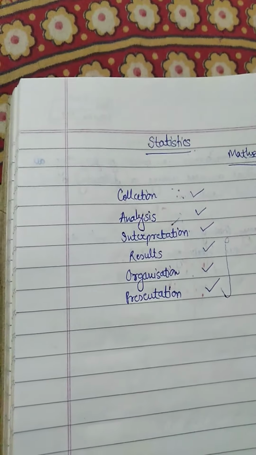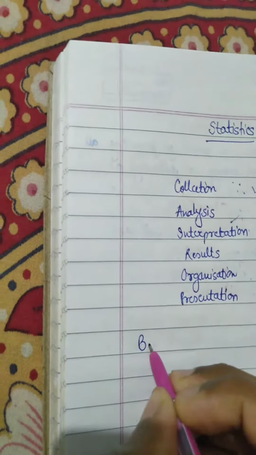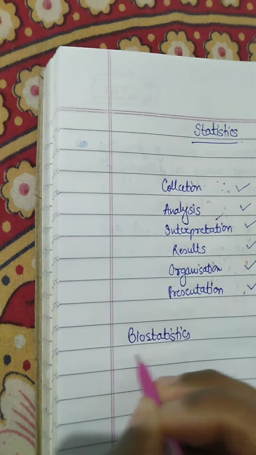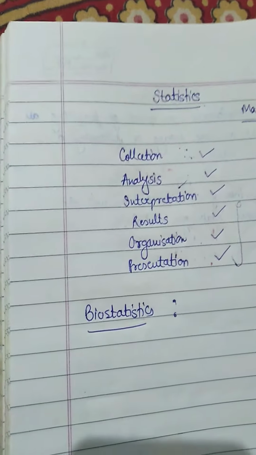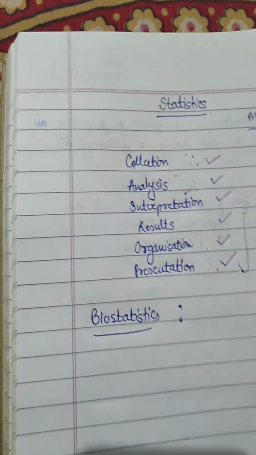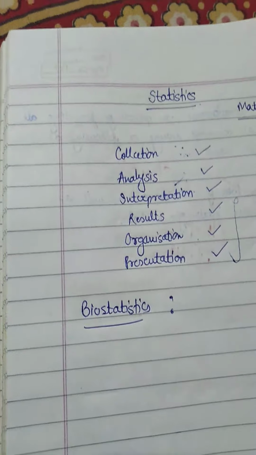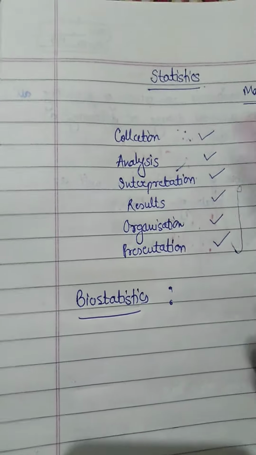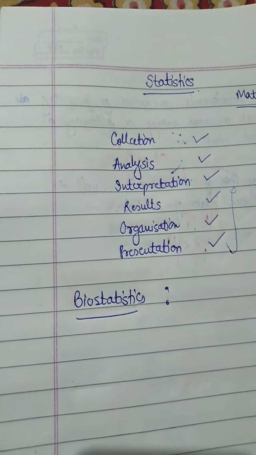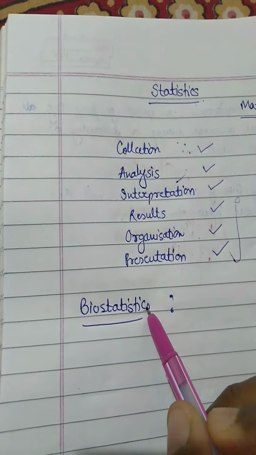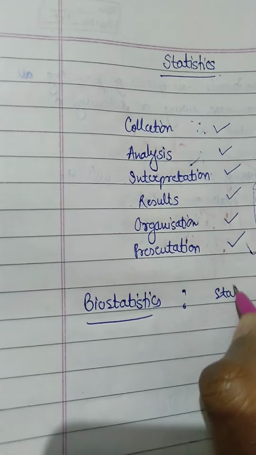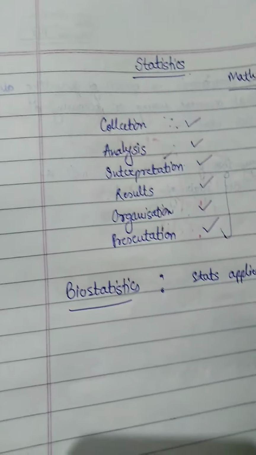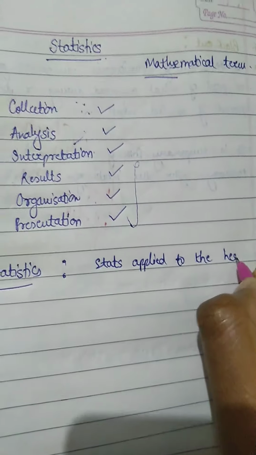The next term we are going to discuss is biostatistics. So what is biostatistics? Biostatistics is a method used in dealing with statistics in the field of health sciences. When we use stats in the field of health sciences, it is referred to as biostatistics. So it is stats applied to the health sciences.